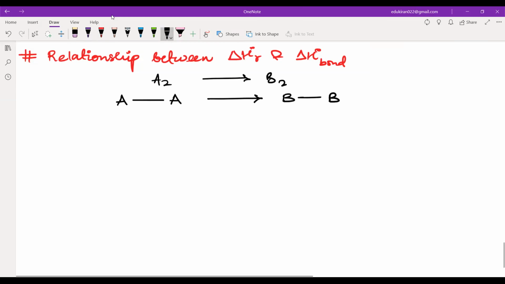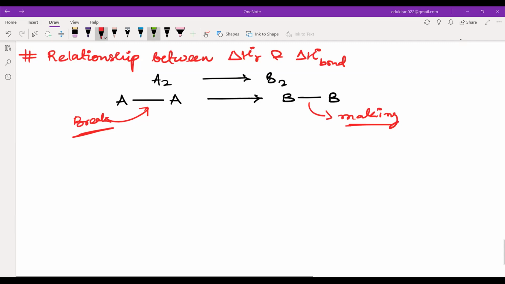All of you agree? Yes or no? So what I'm doing is breaking this bond and making this bond. Yes or no? Okay, fine. I'm breaking this and making this.